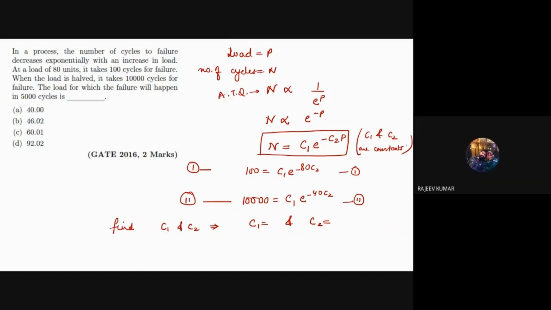Okay, I got one answer as option C. Can you guys tell me what is the value of C1 and C2 you are getting?